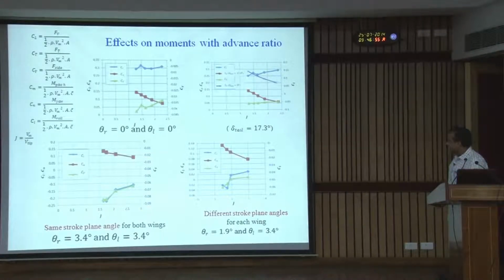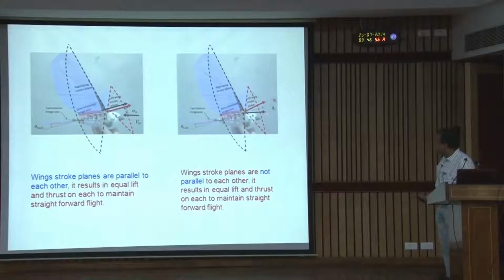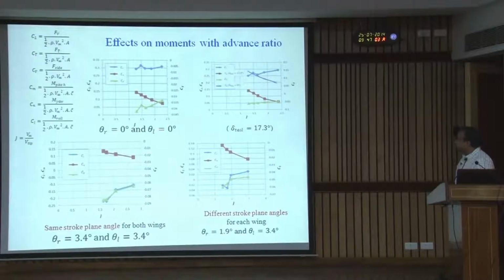Theta r and theta L are the different stroke plane angles. When we change theta r, with theta L at 0, this is your reference data. Then we employ the tail to reduce the Cn coefficient, that is the yawing moment.